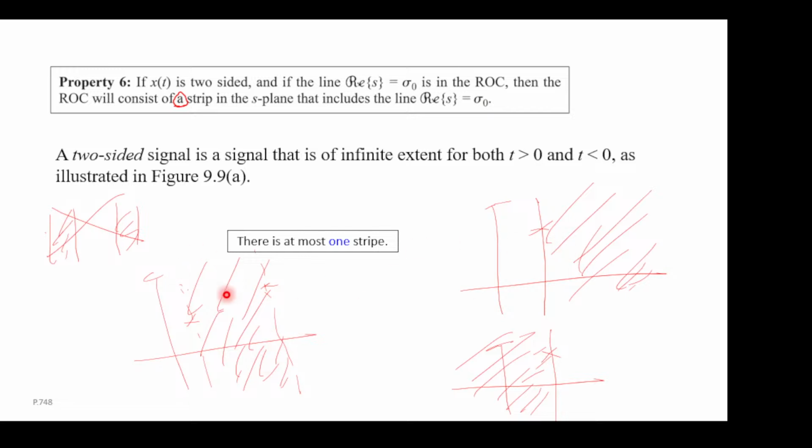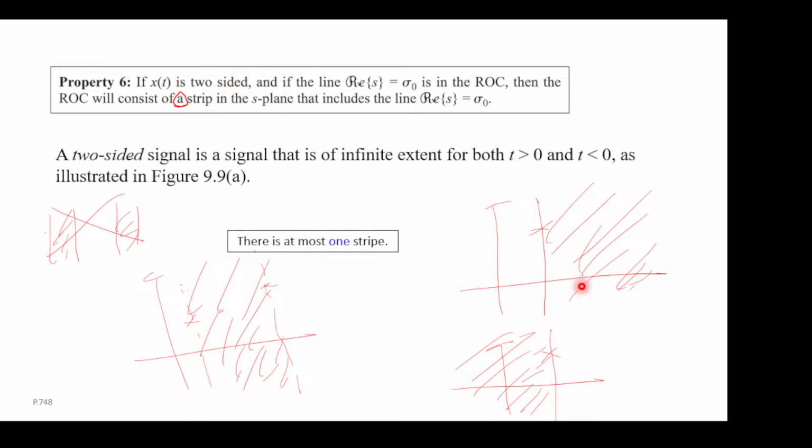And yeah, so we have some schematic here. Your ROC is either bounded on two sides, or some one strip in the middle, or you can extend to plus infinity or extend to negative infinity. Well, it's not quite this, depending on how strict you want to be about two-sided.